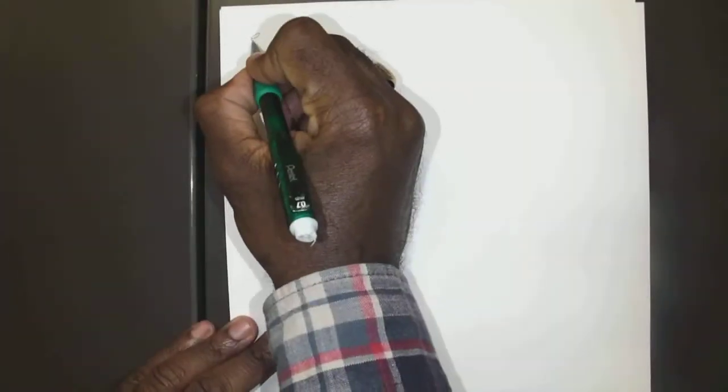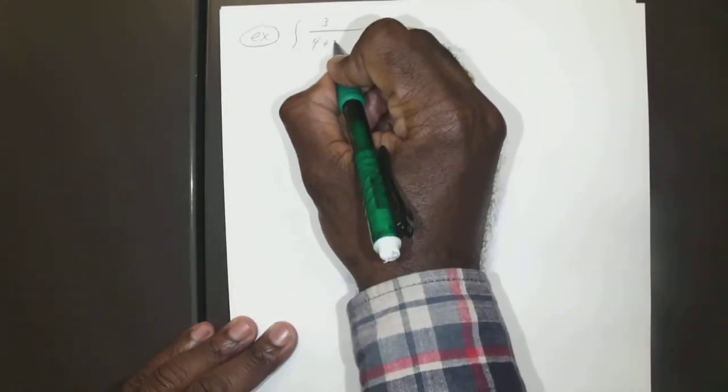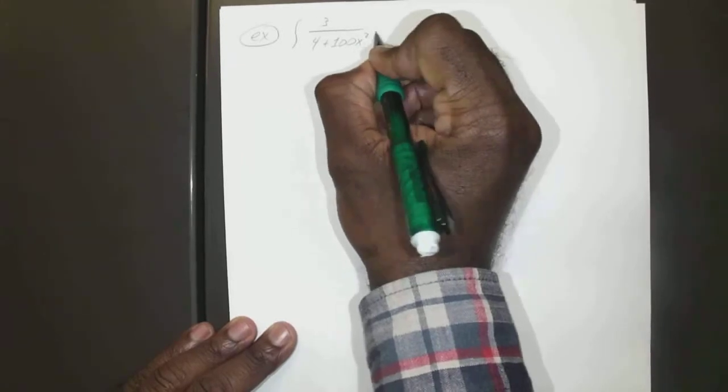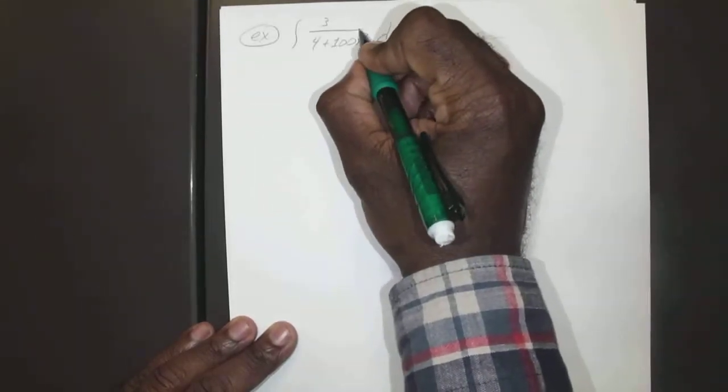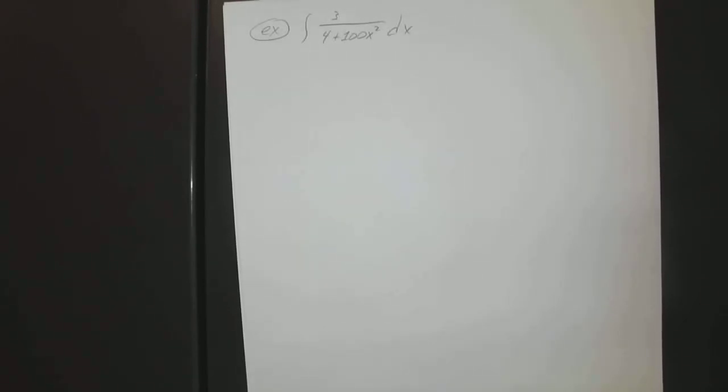So let's say, for example, we wanted to integrate 3 over 4 plus 100x squared with respect to x. Same thing.